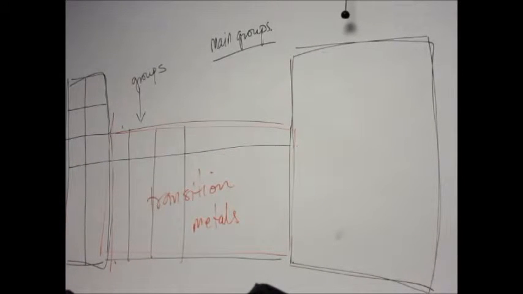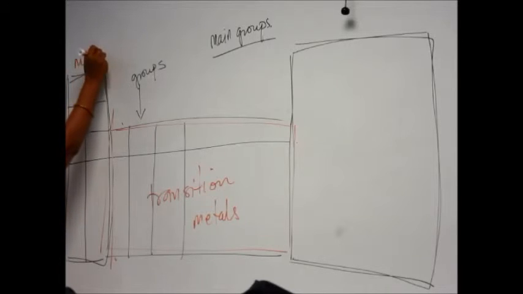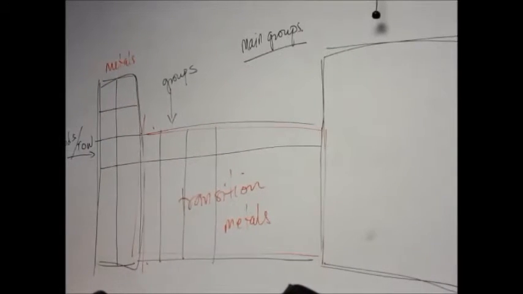These are all the transition metals in the middle. So now the periodic table is divided into 3 portions for sure. The first 2 groups here, these are metals. This is the transition metals.